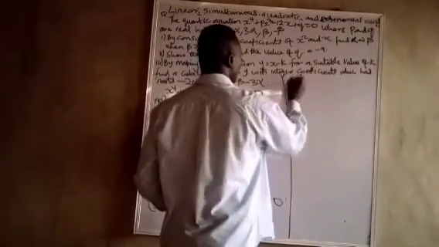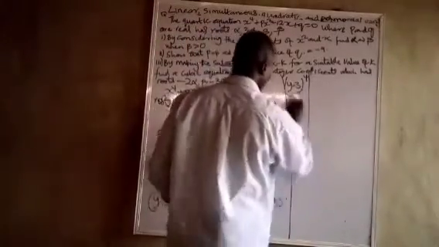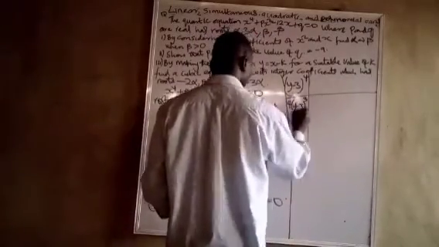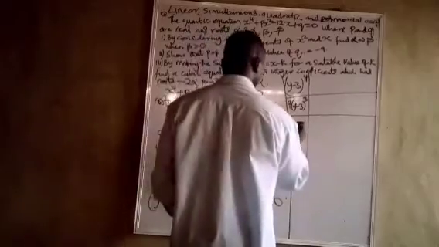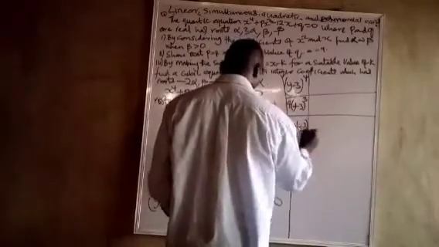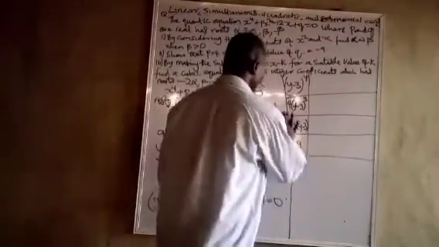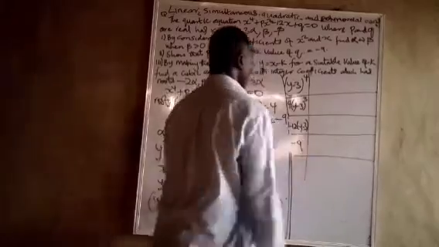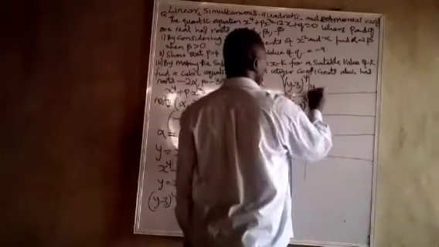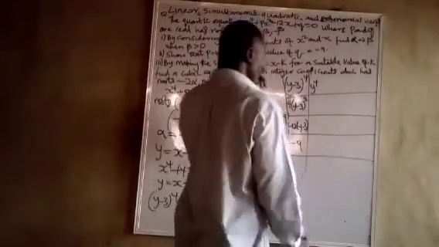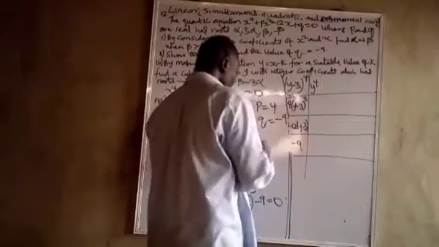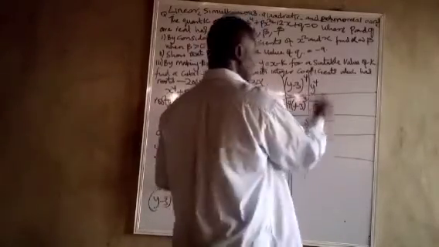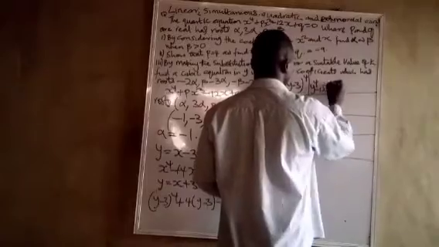Now let's expand each. (y minus 3) raised to the power 4 gives me y raised to the power 4, then 4 times y cubed times minus 3, that's minus 12y cubed.